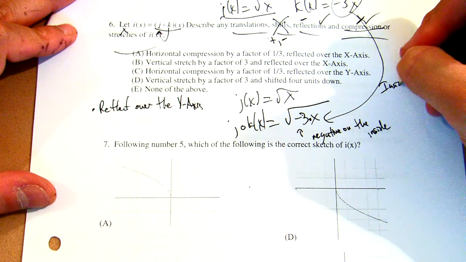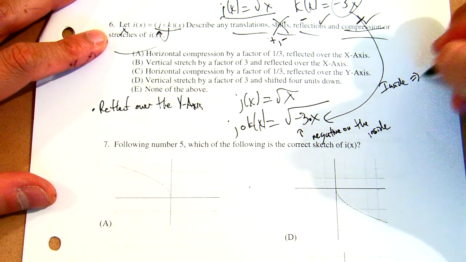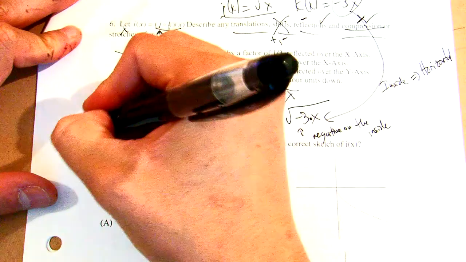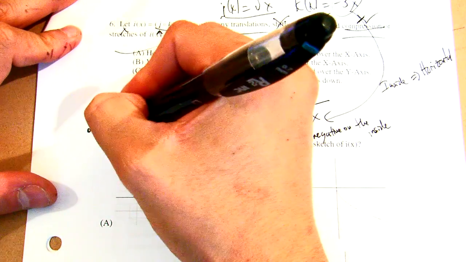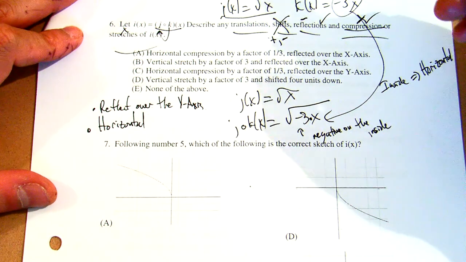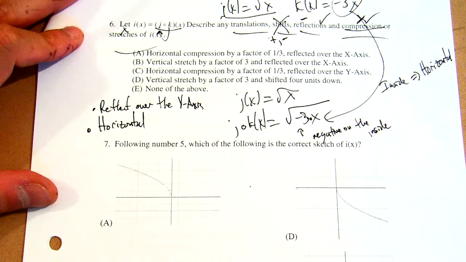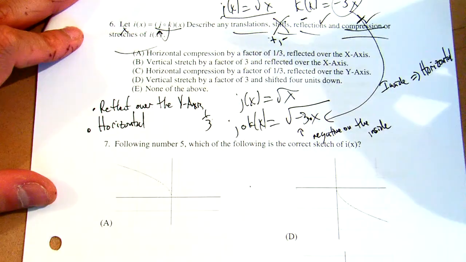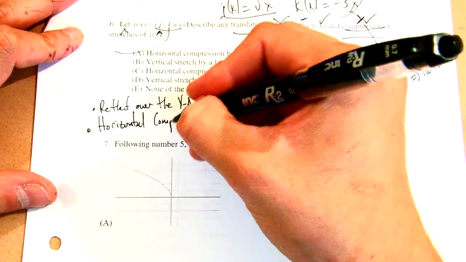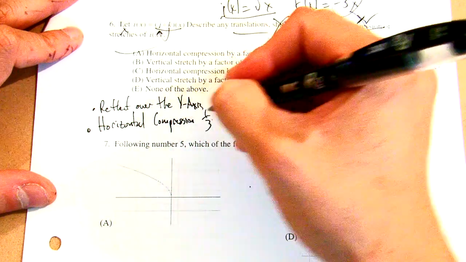Inside means it's going to be horizontal. So I have a horizontal something. And when it's horizontal, you do the reciprocal. The reciprocal of 3 is going to be 1/3, and because it's a fraction, this makes it a compression. So it's a horizontal compression by 1/3.